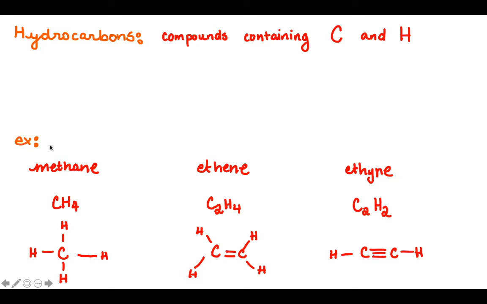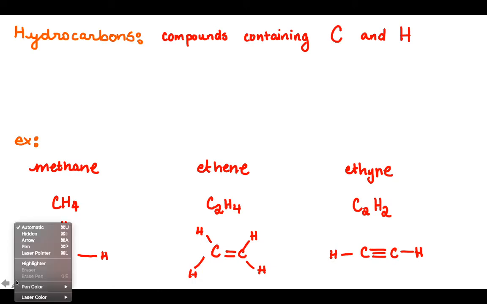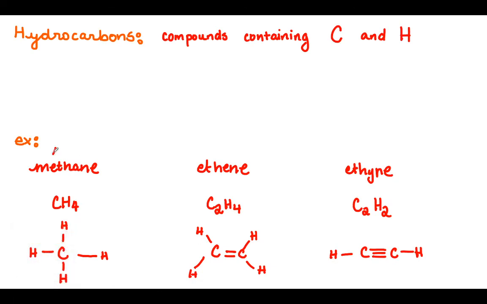So the three types of hydrocarbons, at least the ones that we're going to be looking at, are alkanes, alkenes, and alkynes. More on them as our lessons progress. So this would be an alkane, this would be an alkene, and this would be an alkyne.